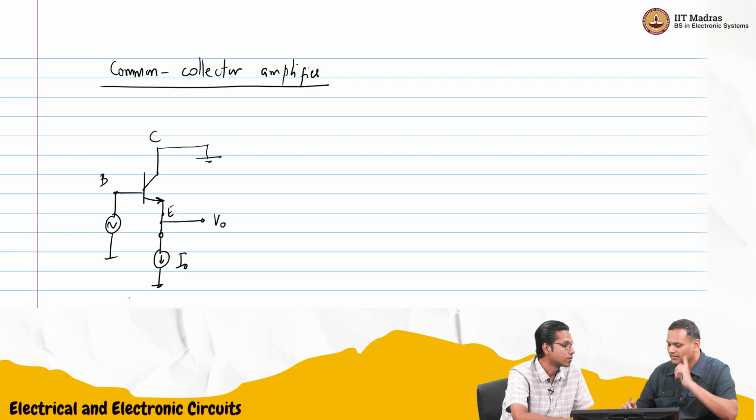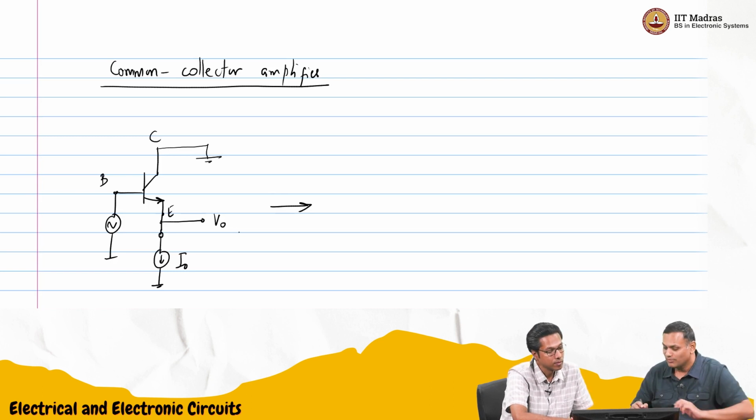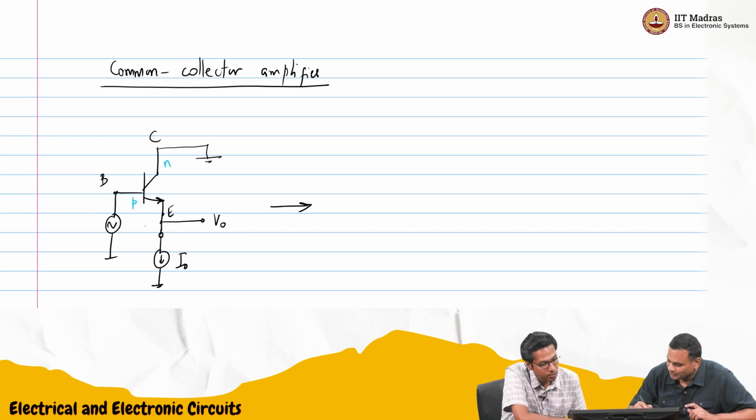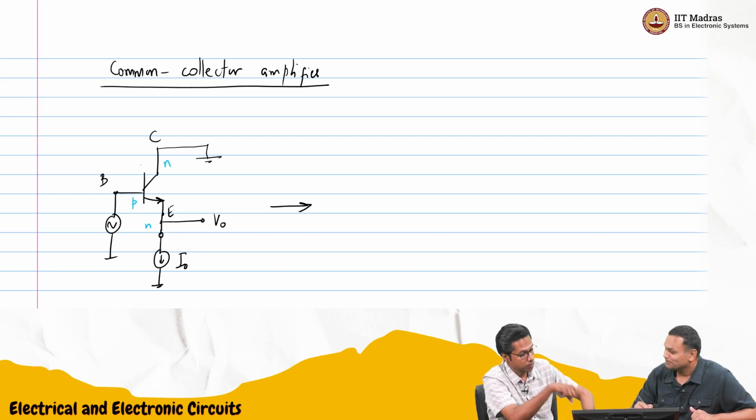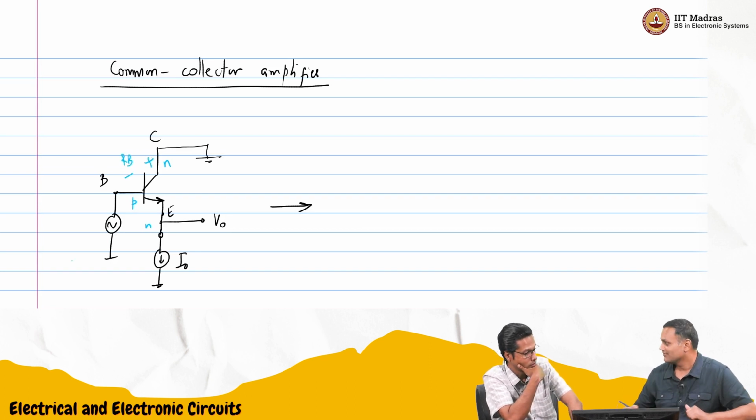And now that we have started adding biasing also, we need to do something about the collector, no? Because now I notice something. This is N, P, N, right? Now we need to make sure that this junction has to be reverse biased, no? So somehow we need to ensure that.